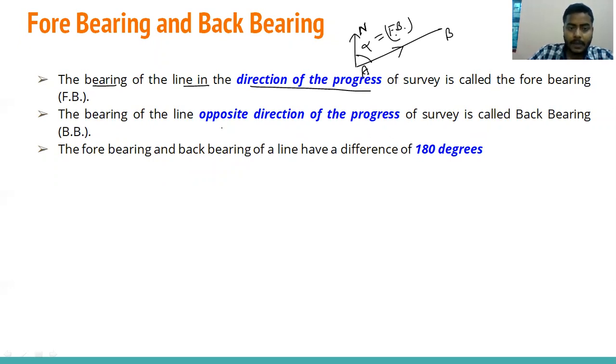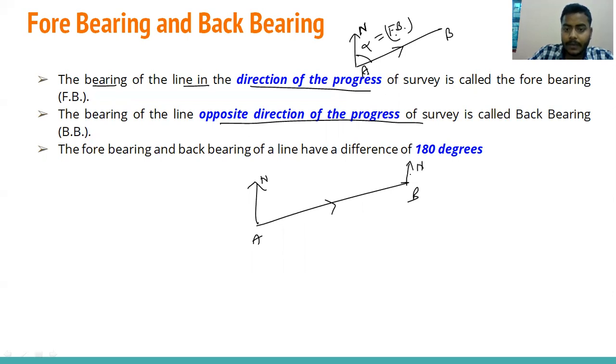Now, the bearing of a line opposite to the direction of progress of survey is called back bearing. So this is north, this is A to B, and this is our progress of work. We are going A to B, right? Now the opposite direction of work means now you are here at B and you are sighting towards A. So we are taking the angle opposite to the direction of progress of survey.